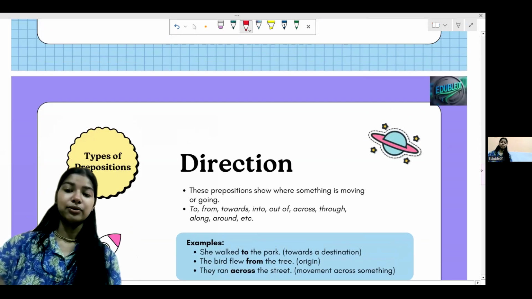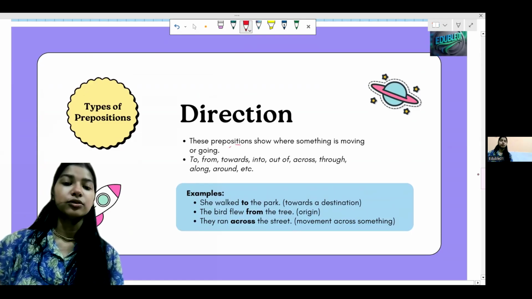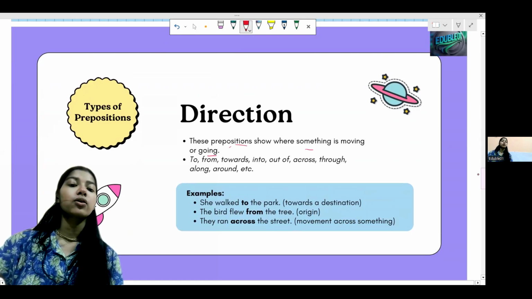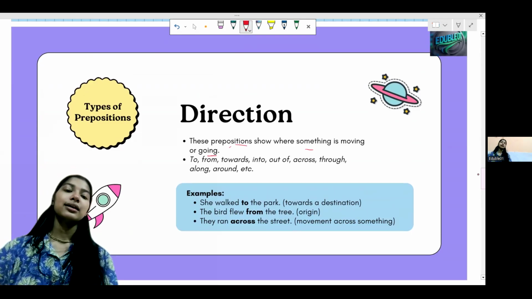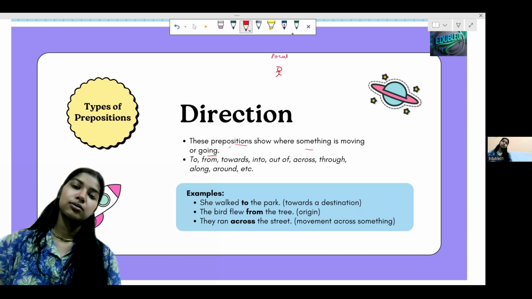Let's see about direction. These prepositions show where something is moving or going towards. Let's take an example: this is a boy. He moves from this point to this point.